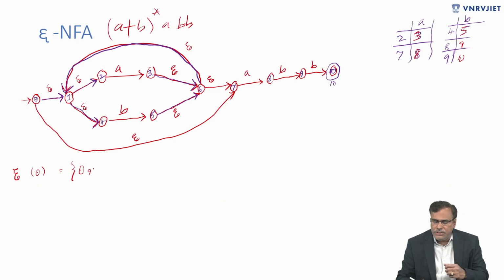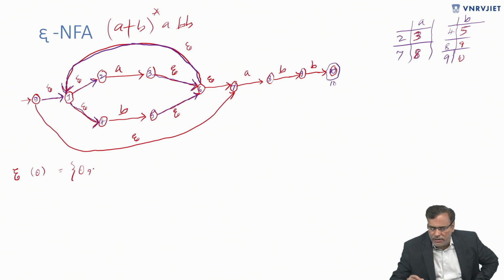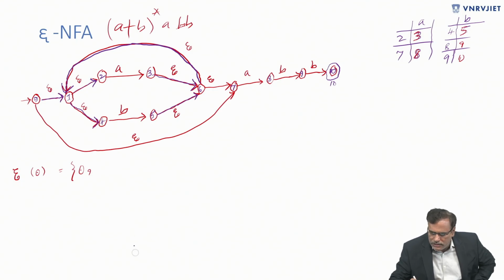From 0, what are the other states that can be reached only on epsilon transitions? Already I have highlighted this part, and this part I have not highlighted. Okay, let me highlight this. This is also a transition on epsilon.